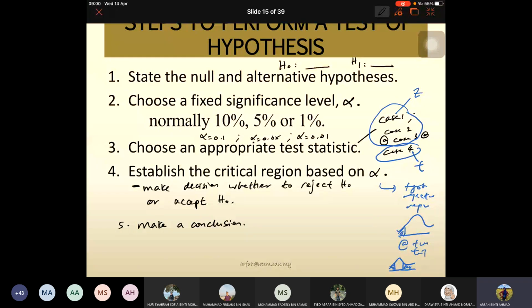Ada soalan kelas so far? Tak ada. Okay. So, test awak confirm 7 hari bulan. Malam 7 hari bulan Mei, seminggu sebelum raya.